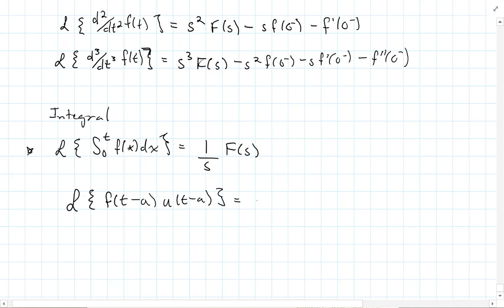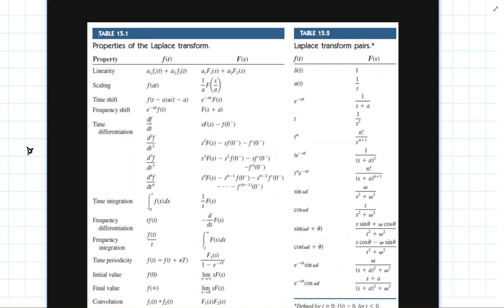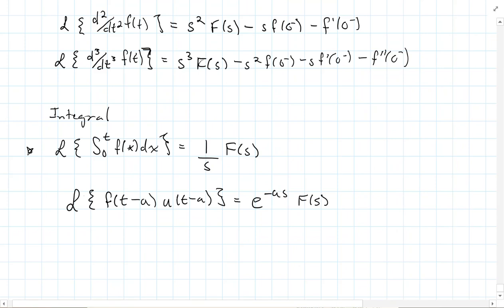This is equal to e to the minus as capital F at s. So we really just get this factor here. This is what I would call my time shift factor.